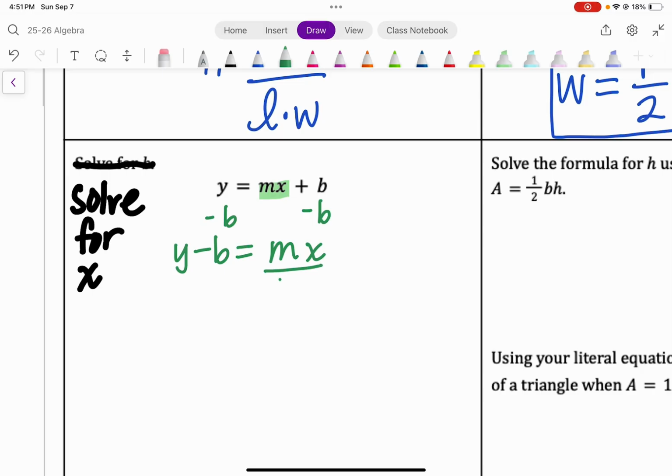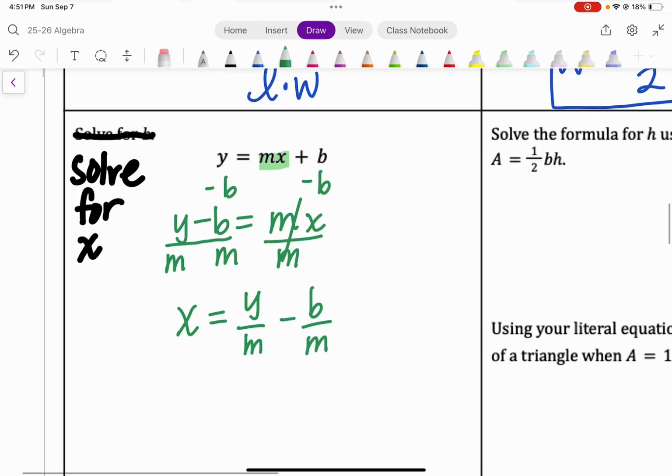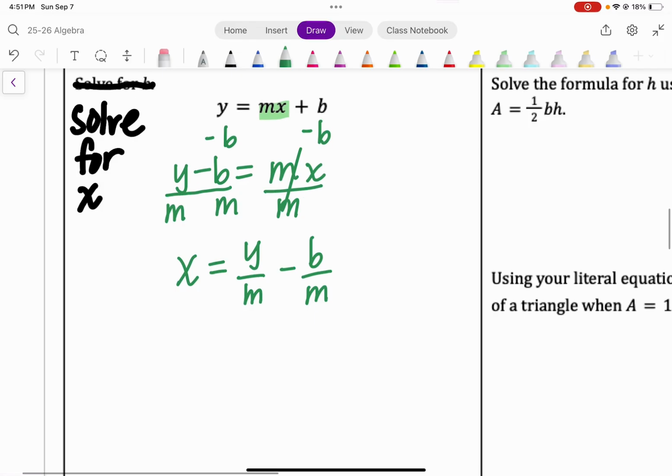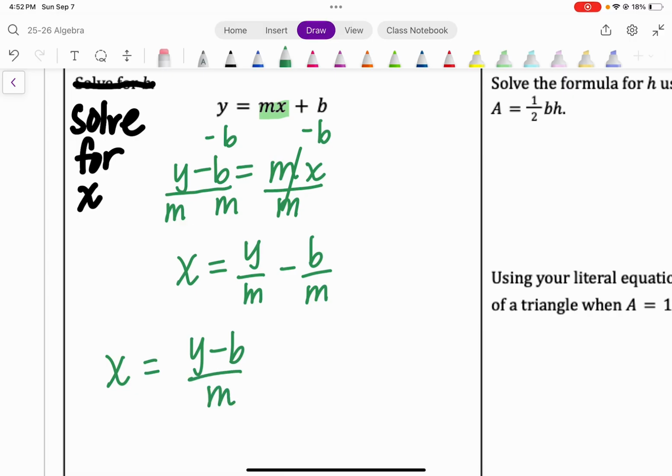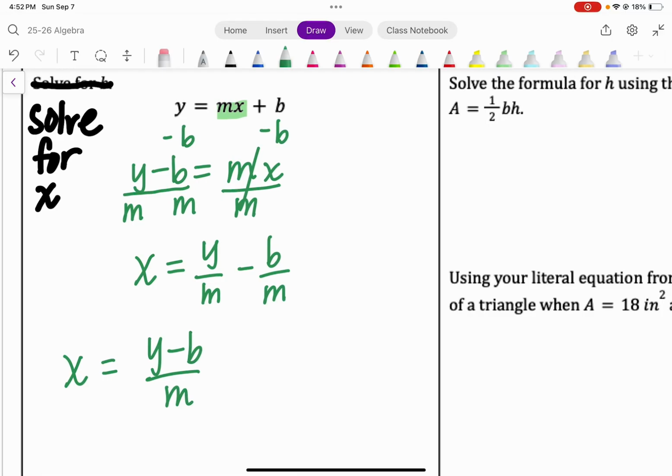And we're going to divide both sides by m. And that's going to leave me with x equals y over m minus b over m. Now, some people might express it like this, y minus b over m. So if one doesn't work in Derivative, try the next way.